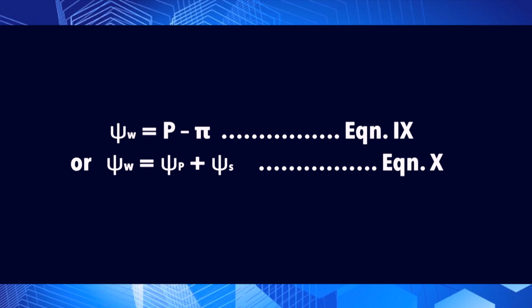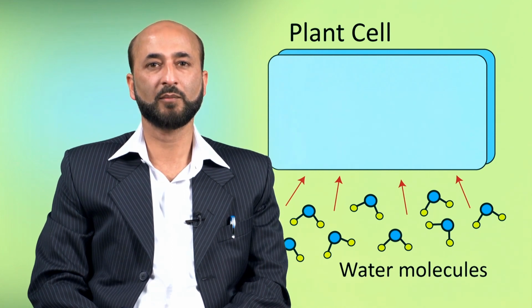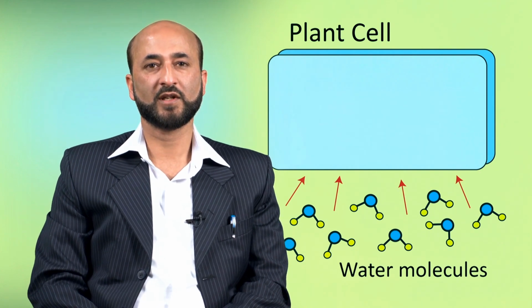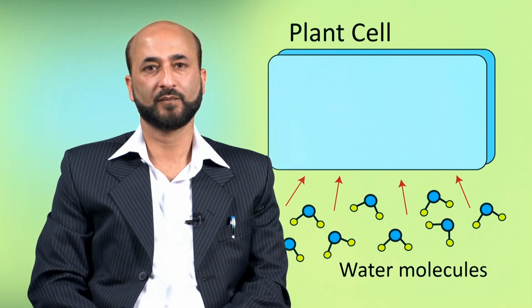Or it can also be written as psi w is equal to psi p plus psi s, where psi w indicates water potential, psi p indicates pressure potential and psi s indicates osmotic potential. The hydrostatic pressure is measured as the deviation from the ambient atmospheric pressure, that is, the difference between actual pressure and atmospheric pressure.